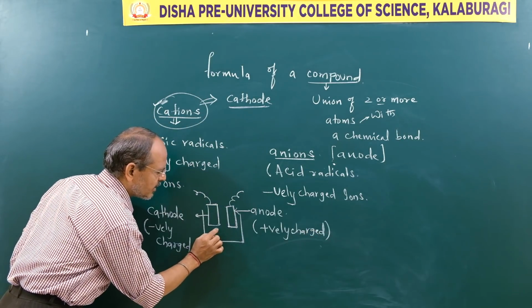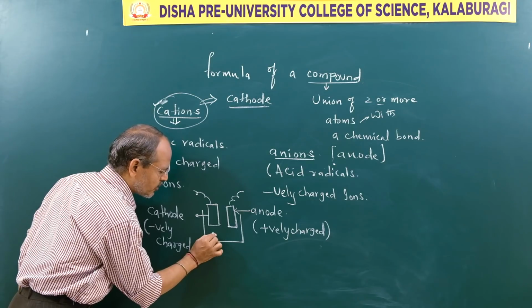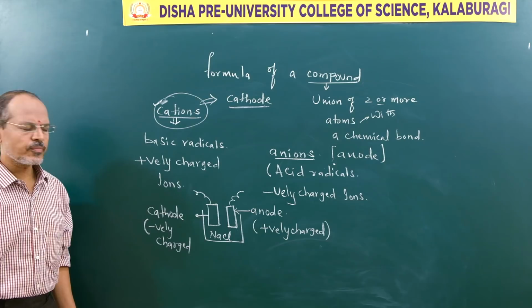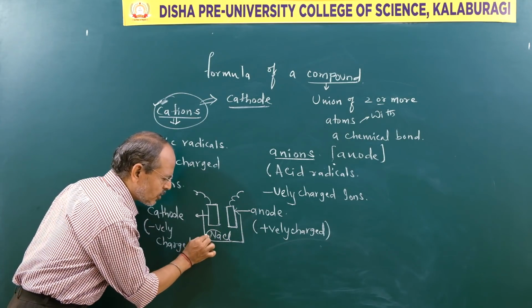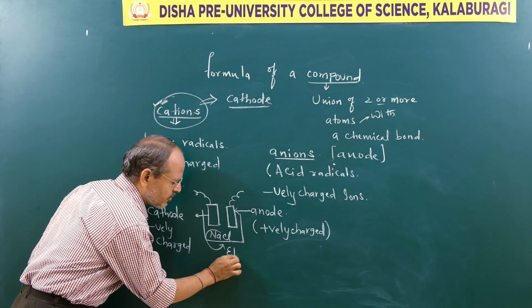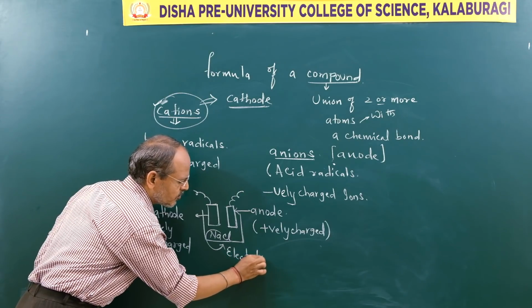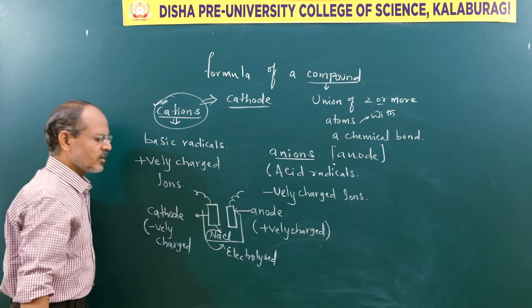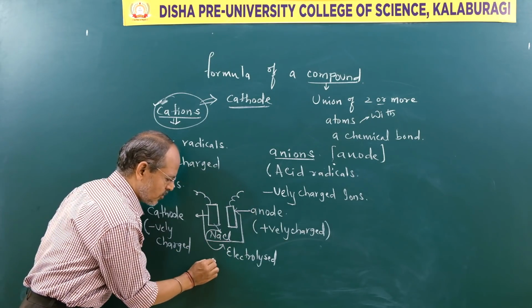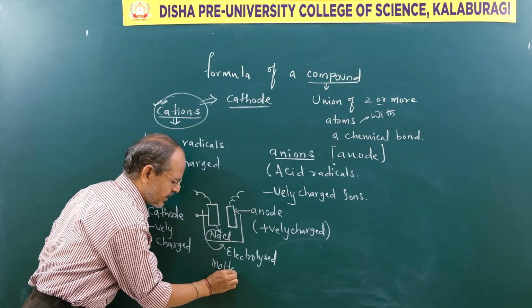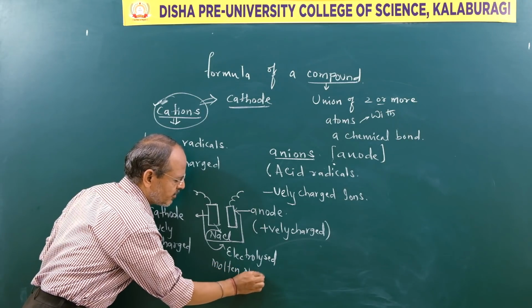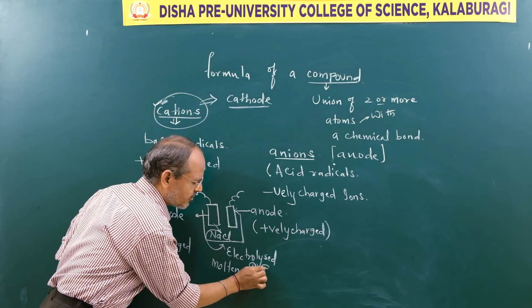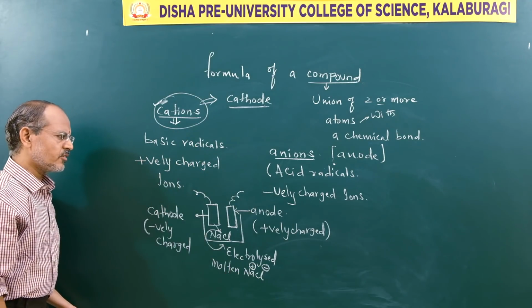And when the chemical compound, for example, I can take NaCl, sodium chloride, is electrolyzed, that means when current is passed through this molten, that is liquid state, NaCl, we know that the sodium is positively charged and chlorine is negatively charged.